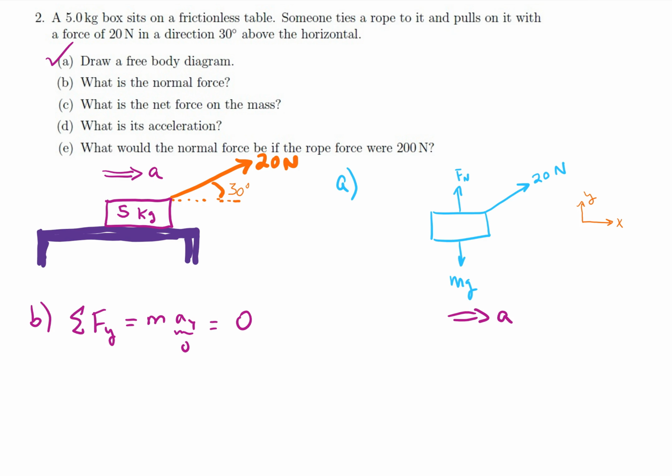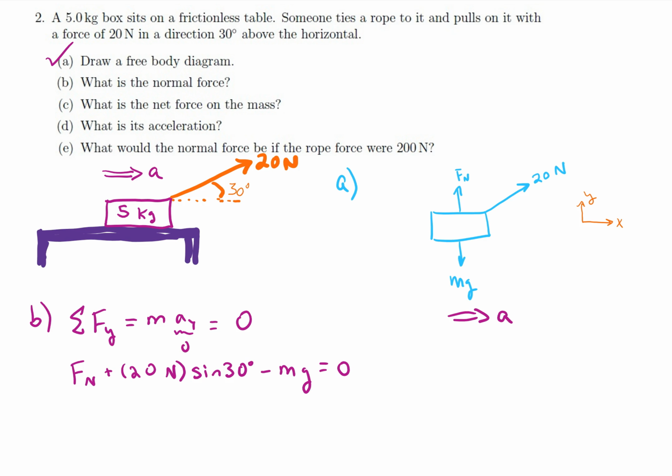And to identify those forces, we have the normal force, plus we have that 20 Newton force, or at least the component of it that's in the y direction, and we have mg in the minus y direction. That has to equal 0.